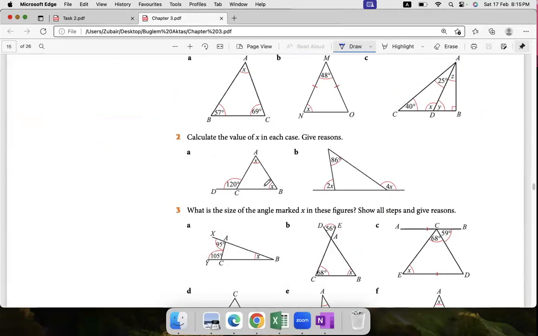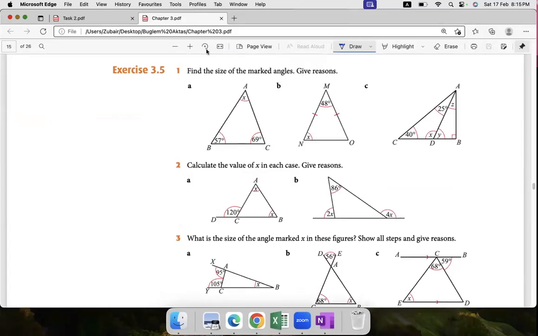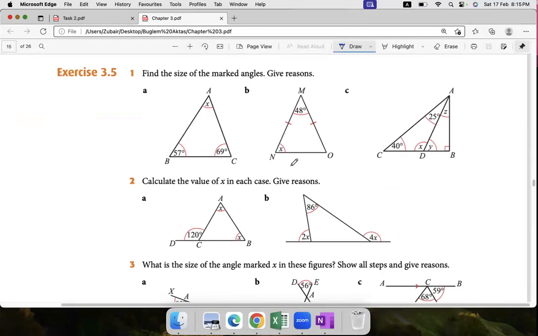Okay, let's do a few questions from here. I would like to skip the first one. Let's try this B part. That's an isosceles triangle. 16?